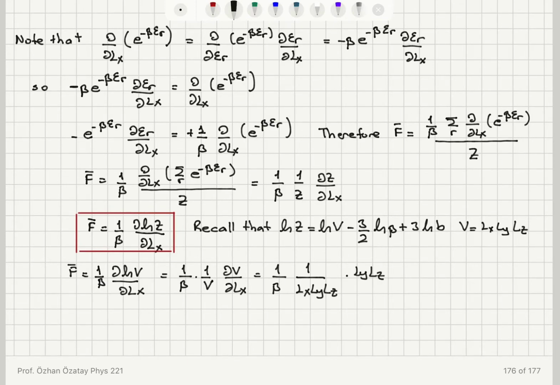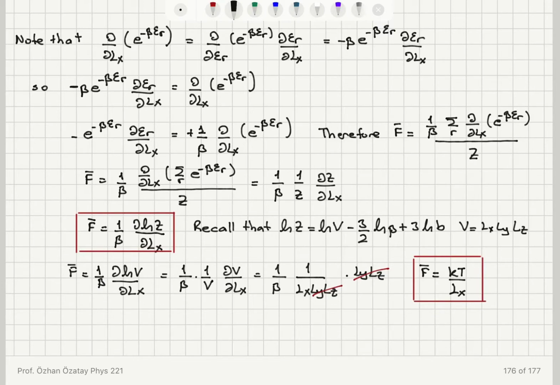Because I have Lx Ly Lz, the derivative will give me Ly Lz. So these Ly Lz's would disappear. Then I would find that the mean force exerted by a single molecule is kT divided by Lx.